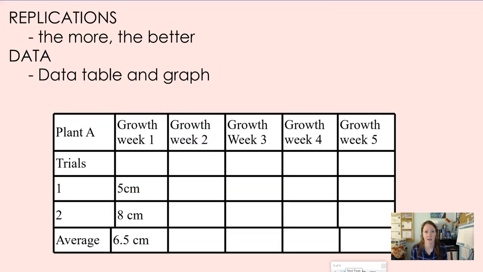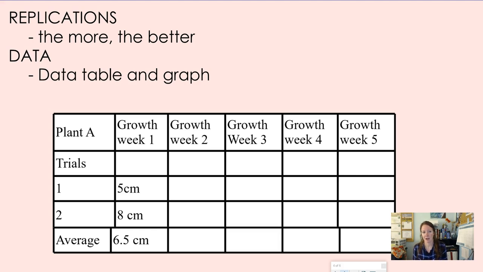Once I have an experiment set up, I want to make sure that I have good data to collect. So one thing that is really important is that you have as much data as possible. Usually we think about this as replications. How many times am I doing the experiment? And really the more the better. As reasonably as you can do it, the more the better.